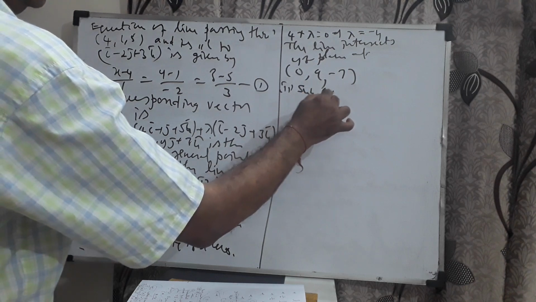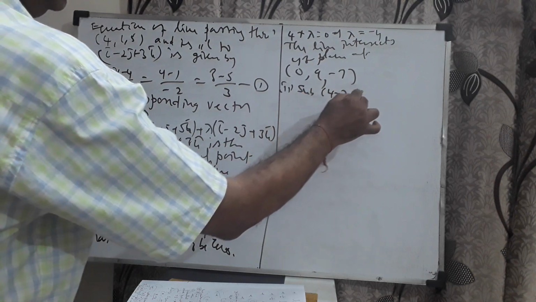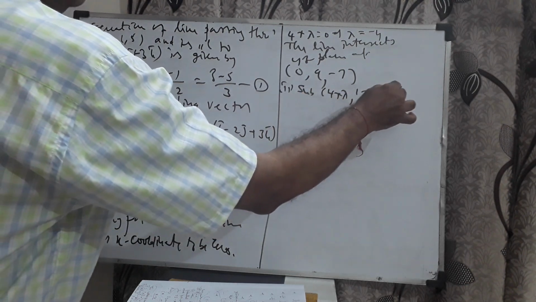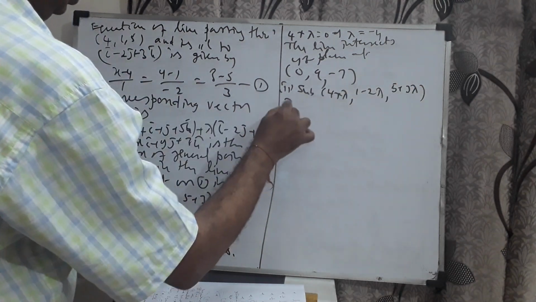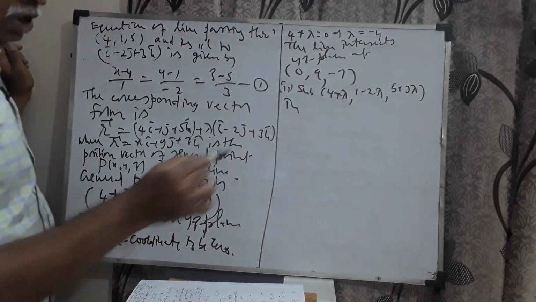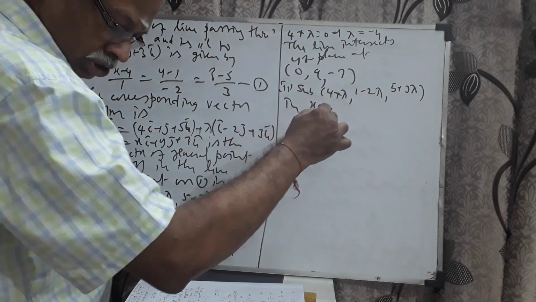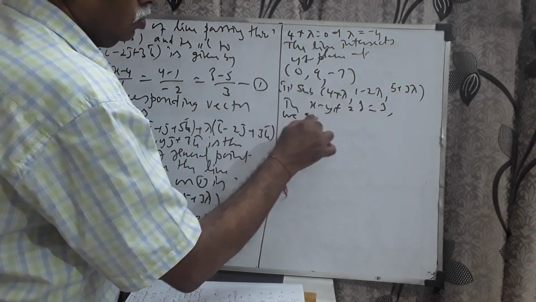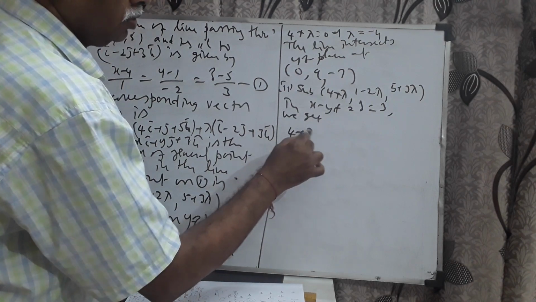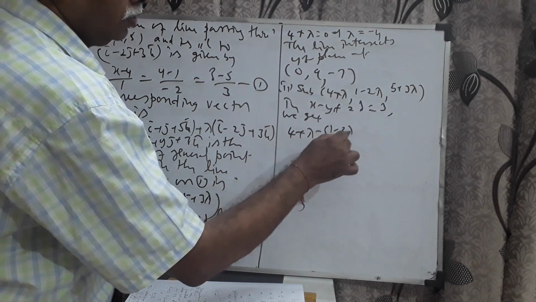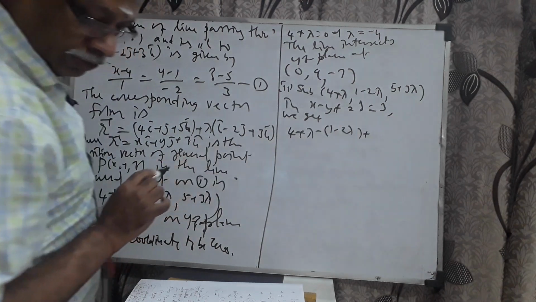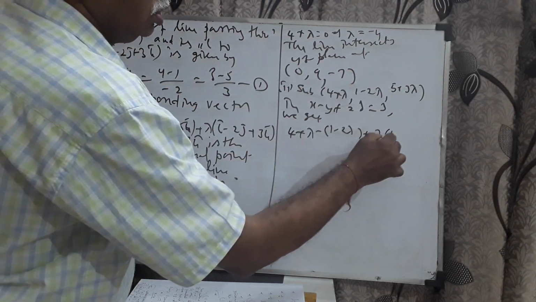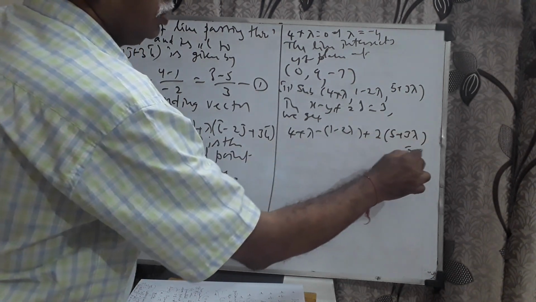Substituting 4 plus lambda, 1 minus 2 lambda, 5 plus 3 lambda in the second equation, x minus y plus 2z is equal to 3, we get 4 plus lambda minus (1 minus 2 lambda) plus twice of (5 plus 3 lambda) is equal to 3.